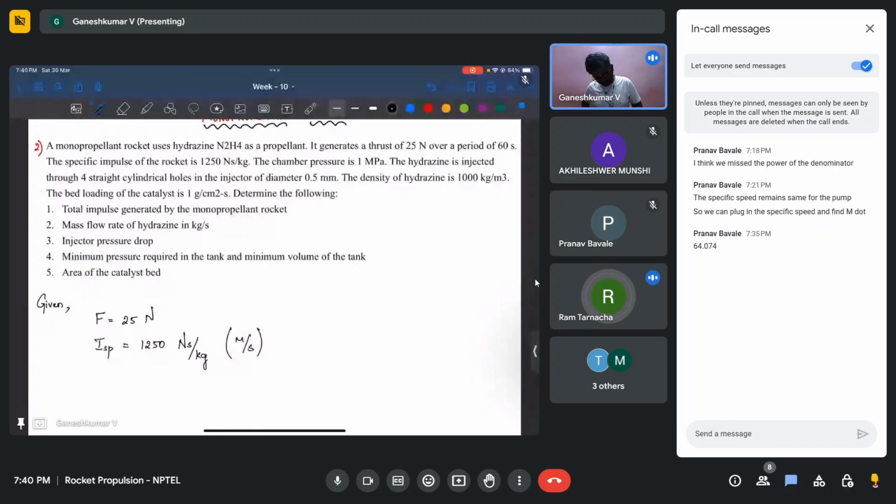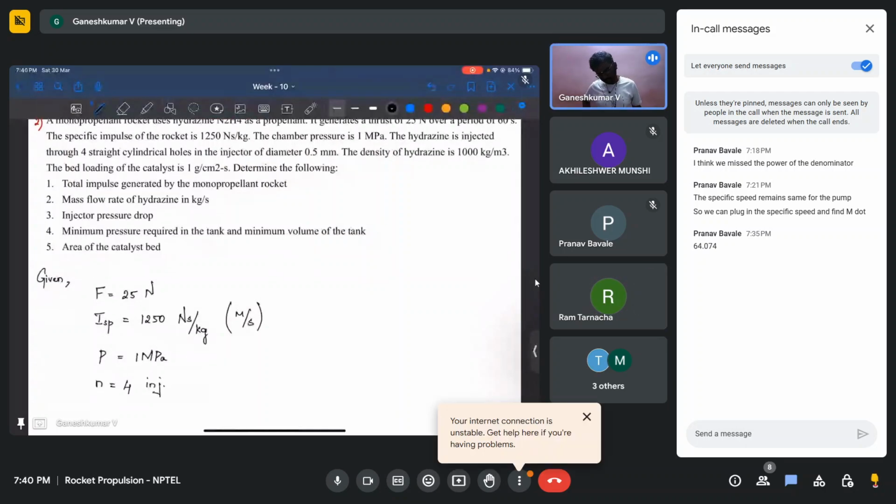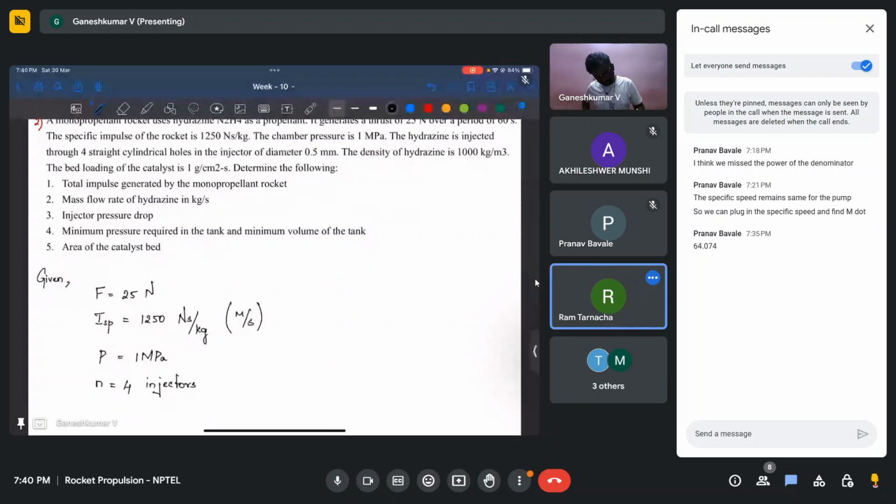The chamber pressure is 1 megapascal, and you have 4 injectors. The injector diameter is 0.5 mm, and the density of hydrazine is 1000 kg per meter cube. Then we have something called bed loading, 50, which we'll discuss soon.